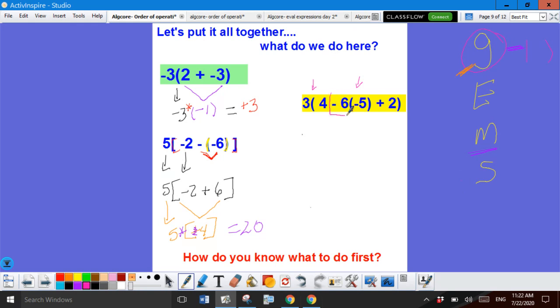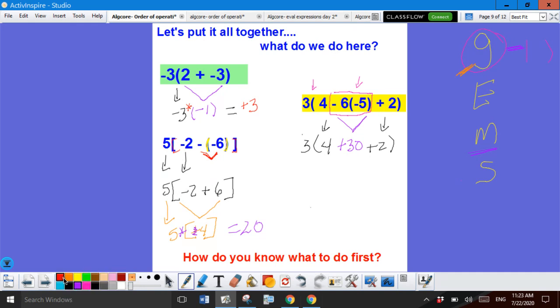I'm going to keep my sign with the number. I'm going to do this part right here. Negative 6 and negative 5, that is a positive 30. Everything else is going to drop. The 4 drops and the 3 drops.